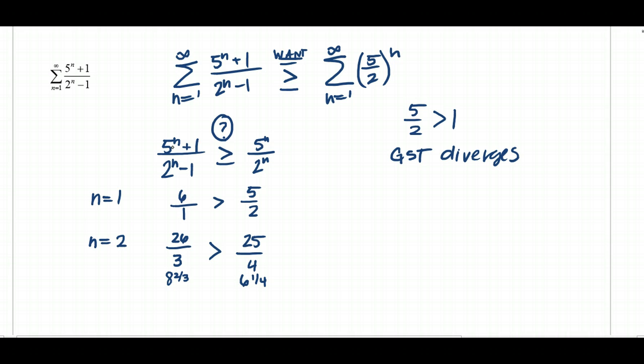We can see that the numerators, well, 5 to the n plus 1 is always going to be greater than or equal to 5 to the n, so that would make this fraction on the left bigger. And then similarly, this denominator, 2 to the n minus 1, is always going to be smaller than 2 to the n. And when I have a smaller number on the bottom, that makes for a bigger fraction. So here we just tested the numbers to get some intuition, but ultimately the inequality we wanted was true. So those are no longer questions, and we can say by the direct comparison test that the series also diverges.